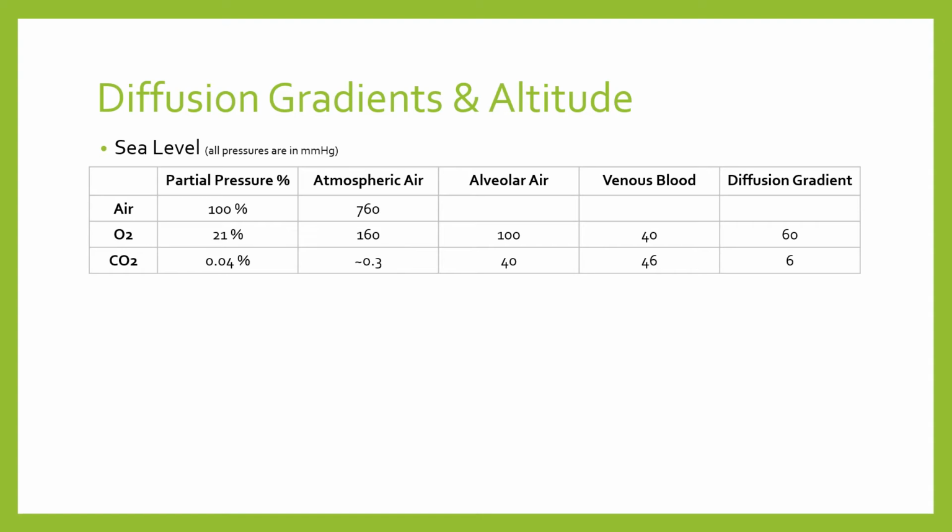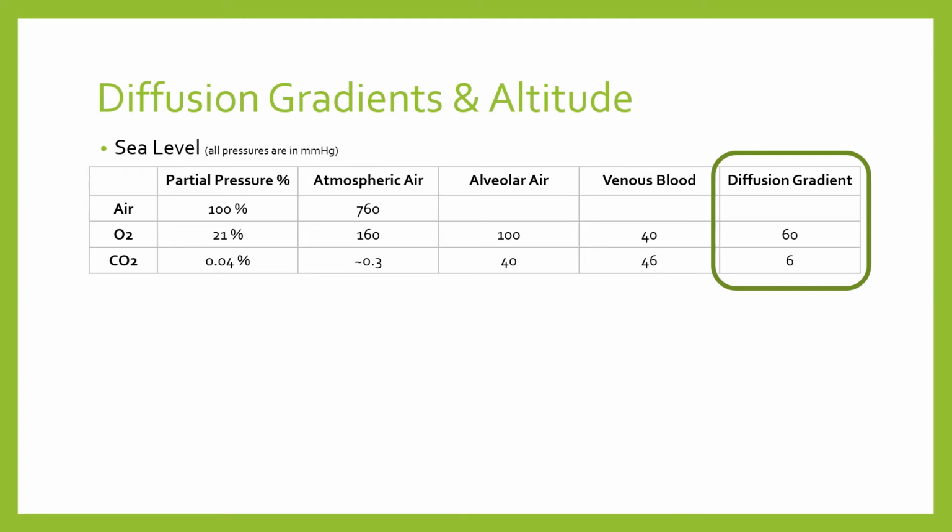So now what happens when we move up in terms of altitude? Let's see how these numbers change. You'll note what we're particularly interested in here is the diffusion gradient on the right hand side. Down at sea level, we've got a nice steep diffusion gradient, where the alveolar air contains 100 millimeters of mercury, venous blood 40, so we've got a diffusion gradient of 60.